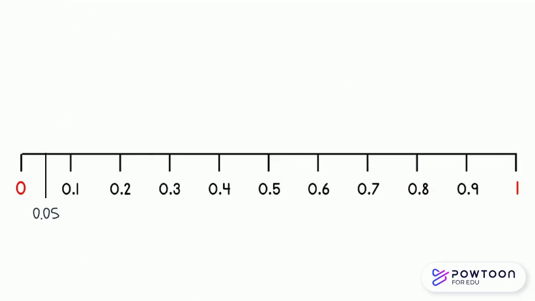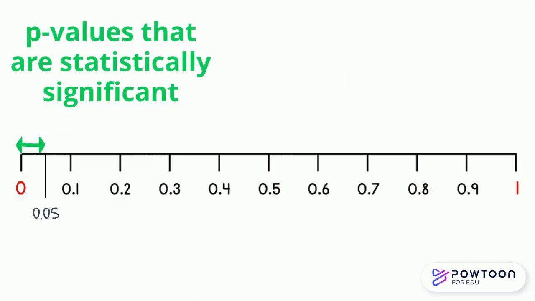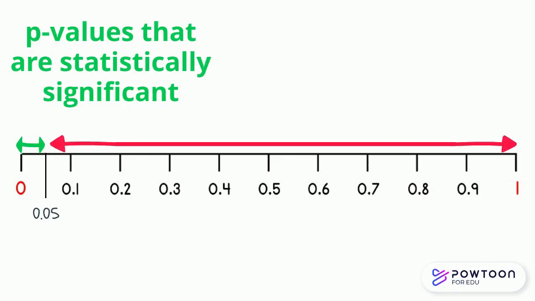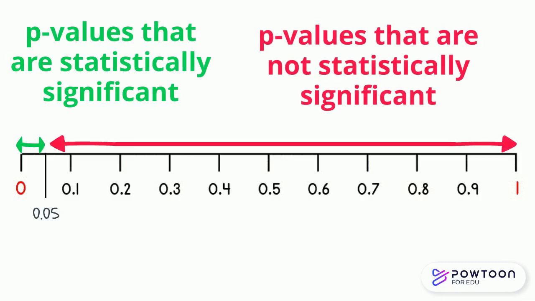So when you look at the p-value for whichever statistical test you've done, if that p-value is below 0.05, then the result is statistically significant. But if it's above 0.05, then the result is not statistically significant.